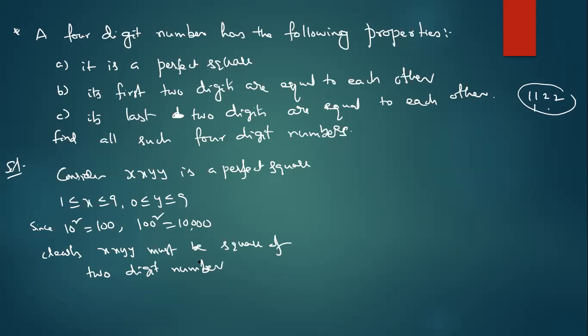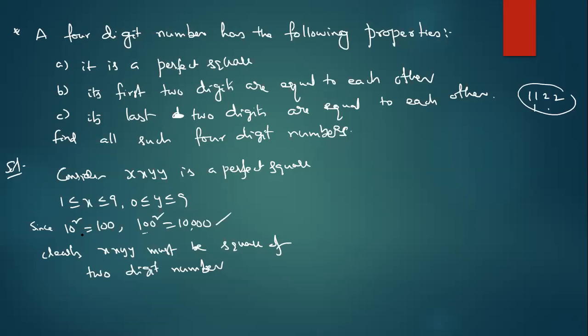Why? If you take the square of a 3-digit number, how many digits do we get? 5. 100 square means how many digits? 5 digits. That means 100 square is also not possible.